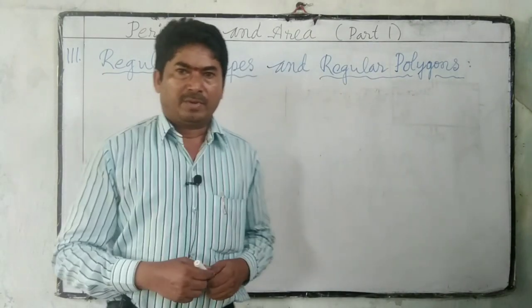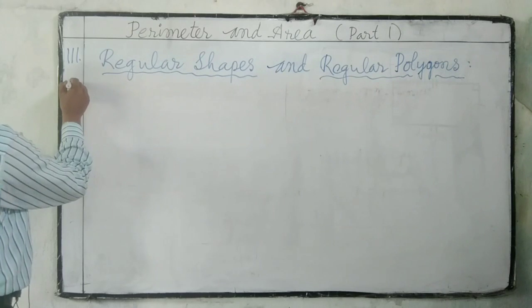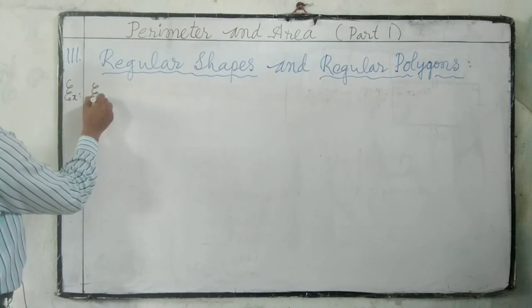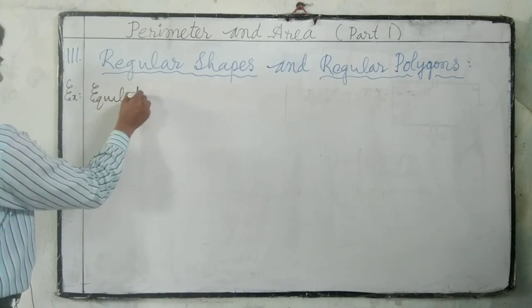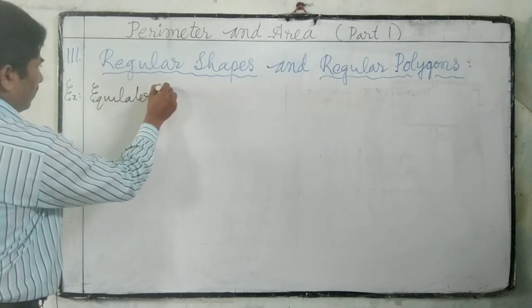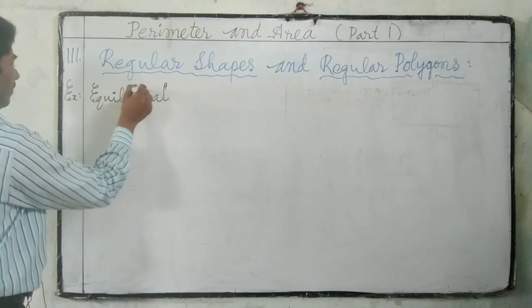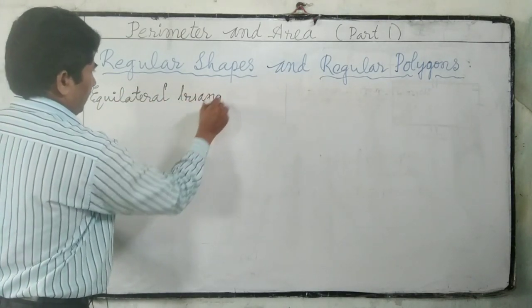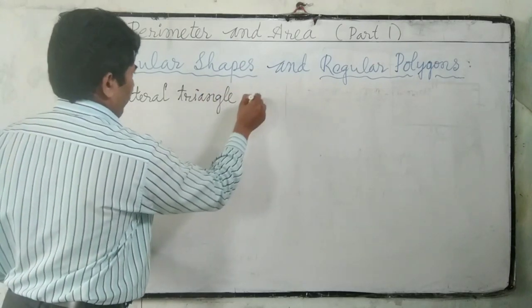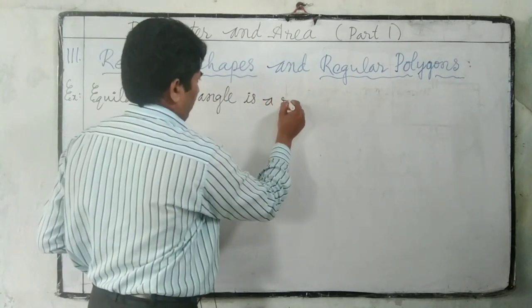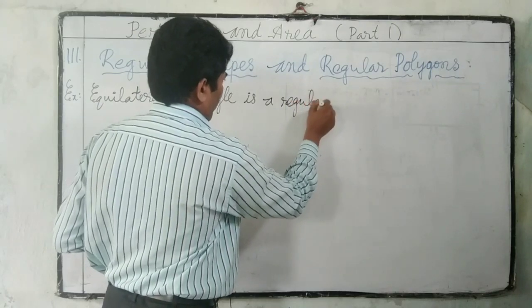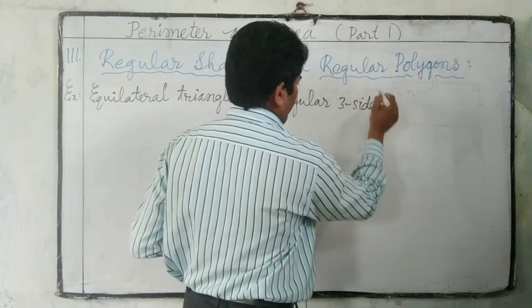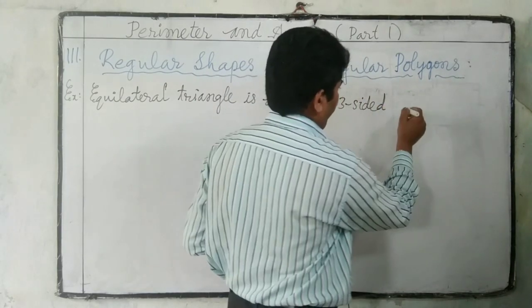Let us see a few examples. Equilateral triangle is a regular three-sided polygon.